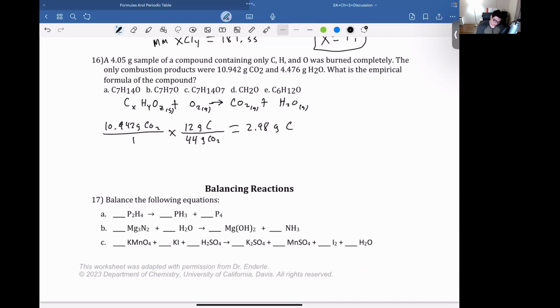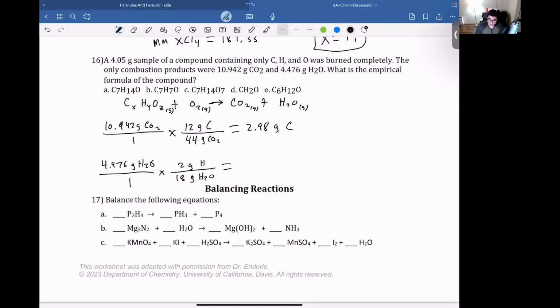We do the same for hydrogen with the water. 4.476 grams of water for every 18 grams of water, so 1 mole of water, I have 2 grams of hydrogen. You could take whatever ratio you want.